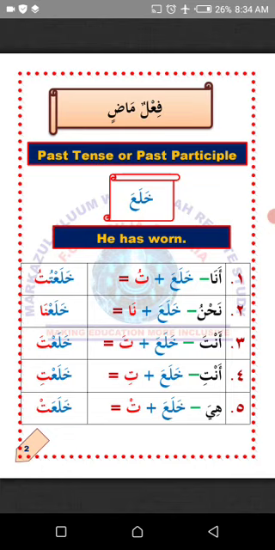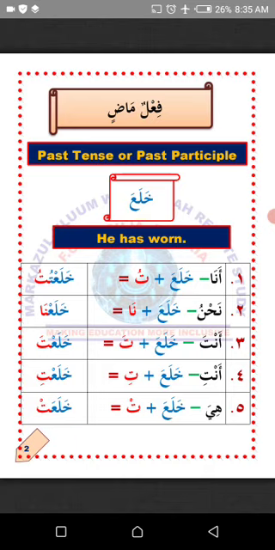Number three. Anta, you, representing a single male person. So how do we change the verb khala'a to suit anta? All you need to do is to attach ta'un carrying fatha to the last letter. Then you give sukun to the letter before it. So the verb khala'a will now become khala'ta, which means you have taken off.